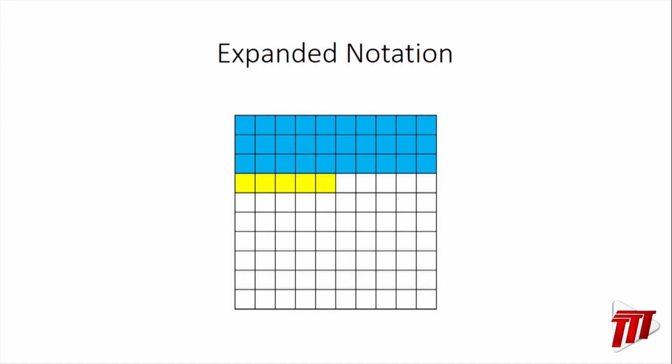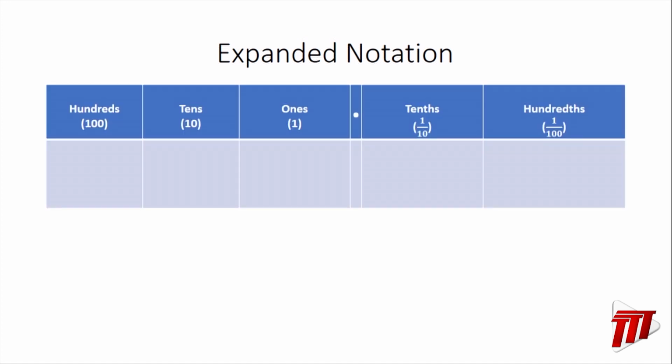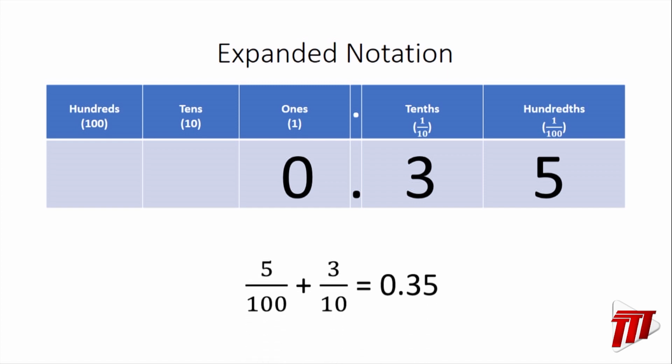This information here can be represented on our place value chart. 0 ones, our decimal point separates the wholes from the fractional parts. We have 5/100ths and we have 3/10ths. So that 5/100ths plus 3/10ths expressed using decimal notation is equal to 35/100ths.